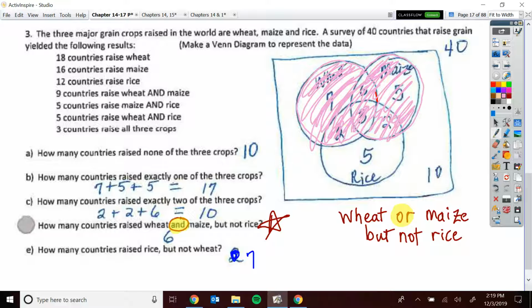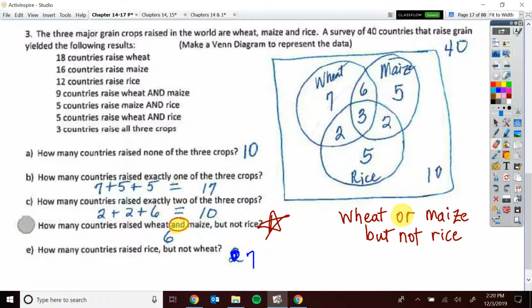I mean, any sort of wheat or maize, that's what you're part of. So if I had said wheat or maize but not rice, then we would have had this and then take away any of these little rice pieces. So that would have been wheat or maize but not rice.